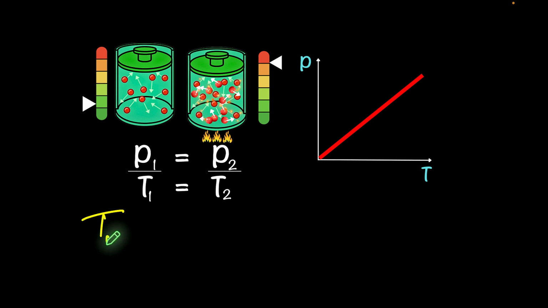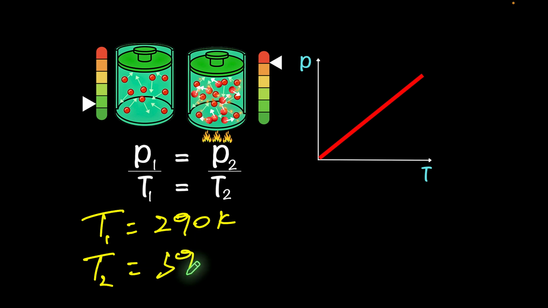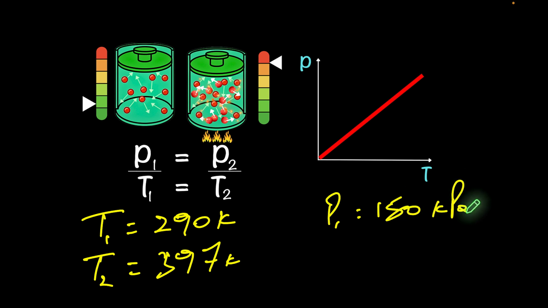So let's say we have some T1 value of 290 Kelvin, and that all of a sudden changed to some amount that we're told to be 397 Kelvin. Now our initial pressure P1 was, let's say, 150 kilopascals, and we need to find out what P2 is going to be.